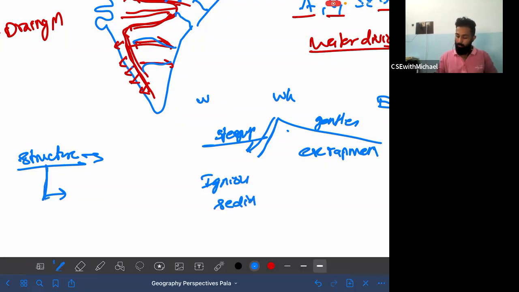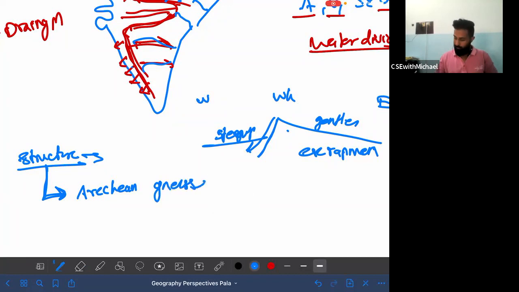So in general, the peninsular plateau is made up of Archean rocks, in the nature of gneisses and schist. Either igneous rocks are found, or their metamorphosed formations, in the peninsular part mostly.